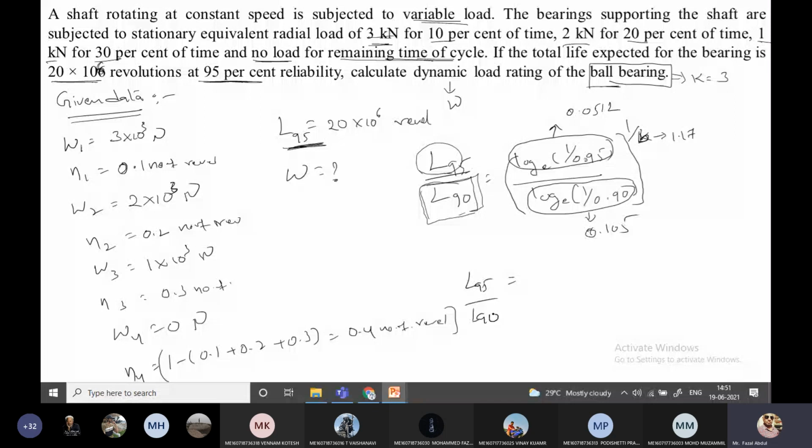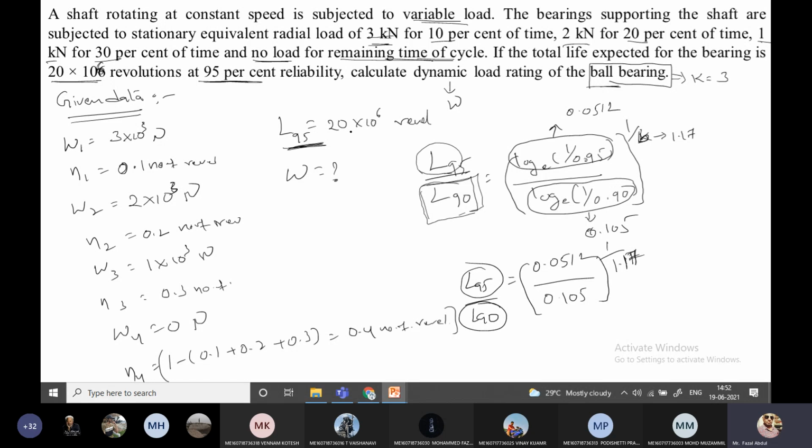Now L95 by L90 is 0.0512 by 0.105, power 1 by 1.17. Now tell me the L90 value.